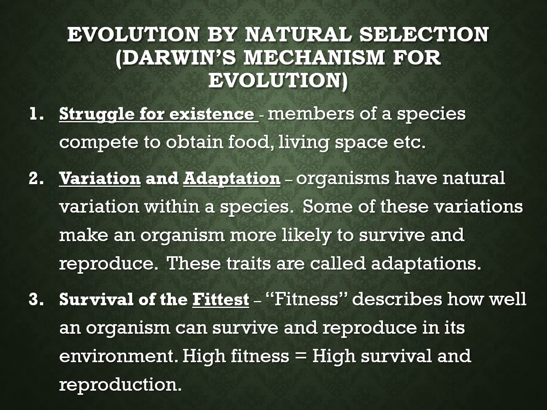Lastly, the organisms that are best adapted to the environment are considered to have high fitness, because they're going to be more likely to survive and reproduce in the environment, and they're going to pass on their traits.